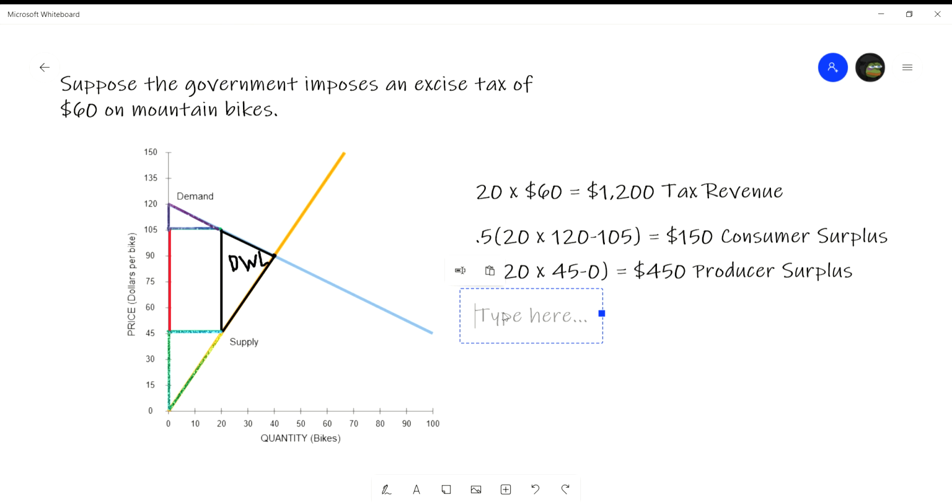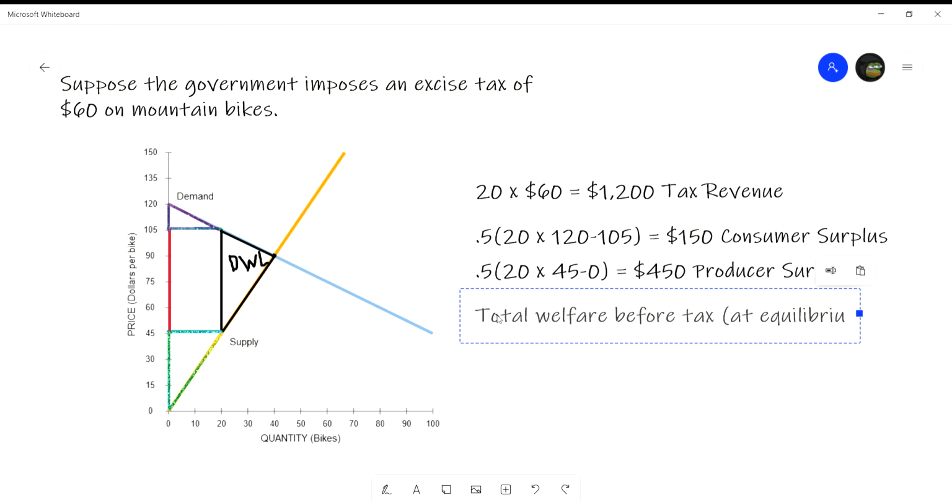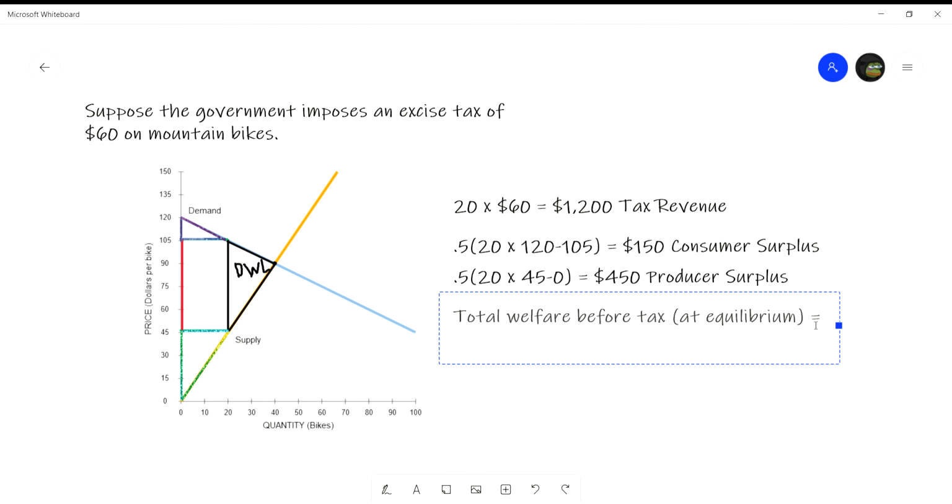So if we find the total welfare beforehand, just at equilibrium, it's going to look like, remember this is times 0.5 because it's a triangle, total quantity of 40 bikes times our price difference of 120 minus 0 at each end of the price. So 40 times 120 times 0.5 is 2,400.